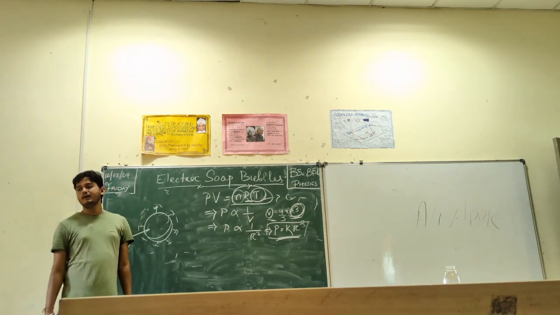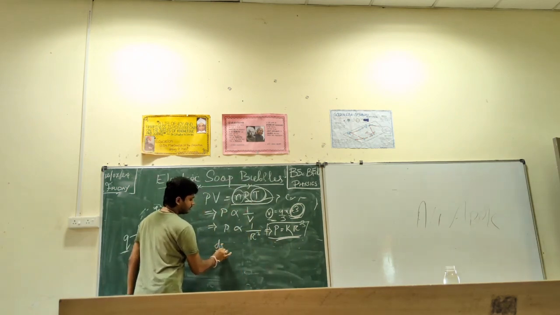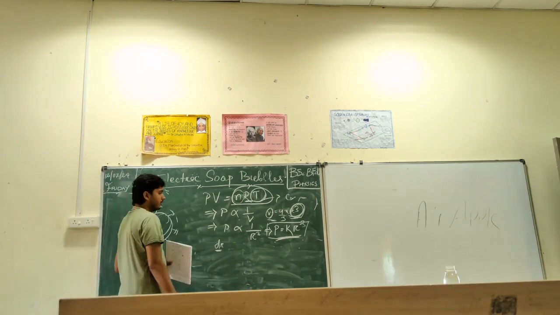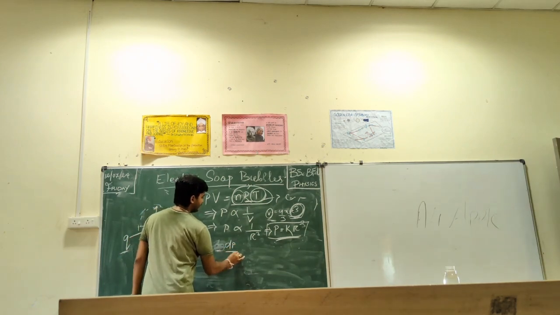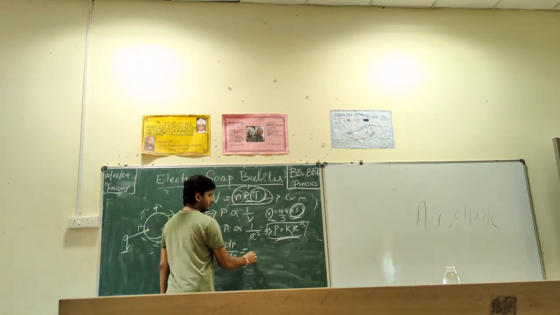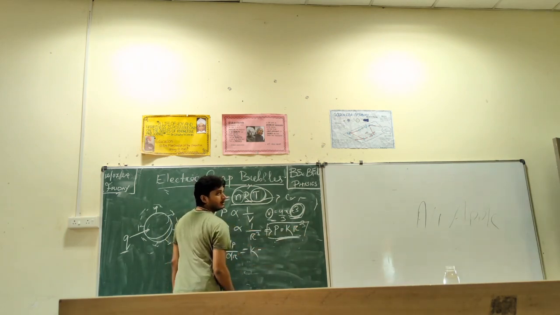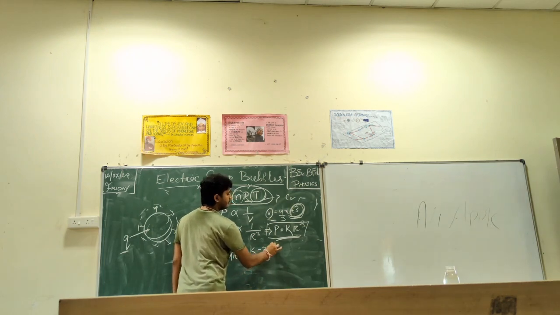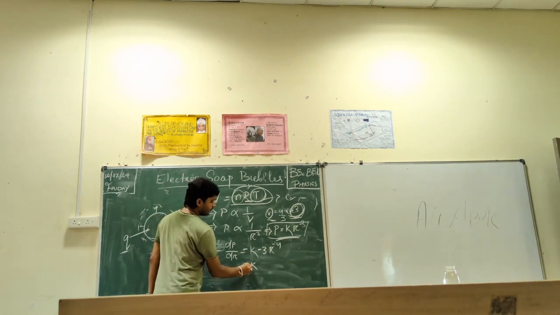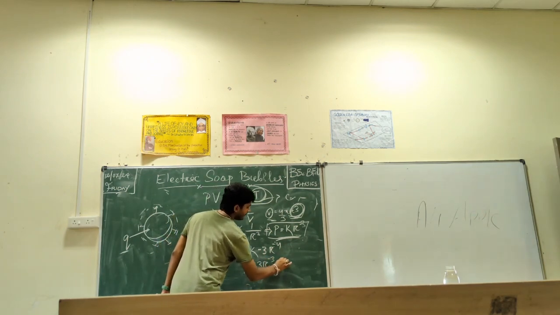So, dP by dr equals K into minus 3 r to the power minus 3 minus 1.